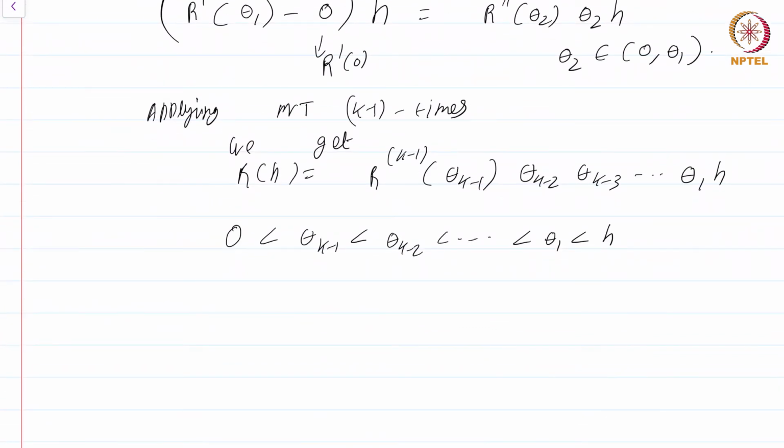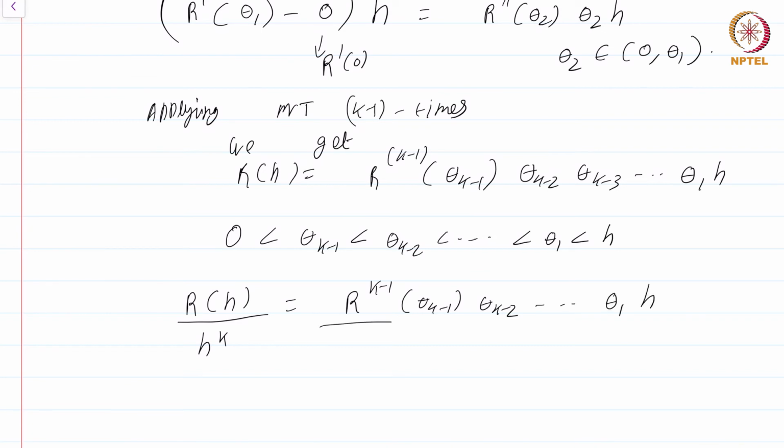Okay, so this is by repeatedly applying the mean value theorem. Now the quantity we are interested in is r of h by h to the k. And this just turns out to be r k minus 1 of theta k minus 1, theta k minus 2, ... theta 1 h by h to the k.